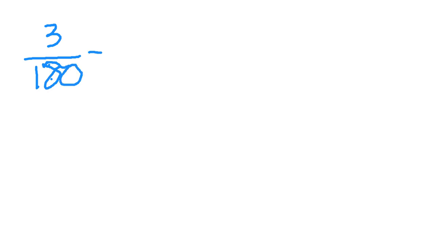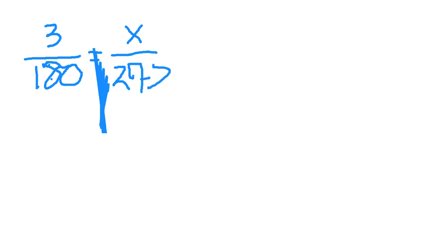And that equals X ounces of chicken for 275 calories. So you just make a proportion. Gosh darn it. Why did it do that?